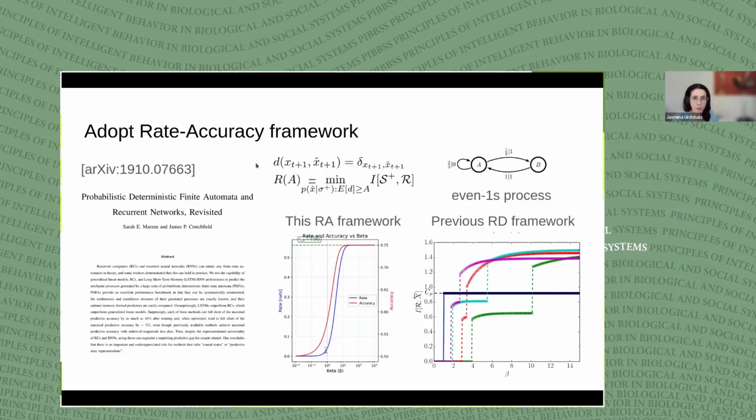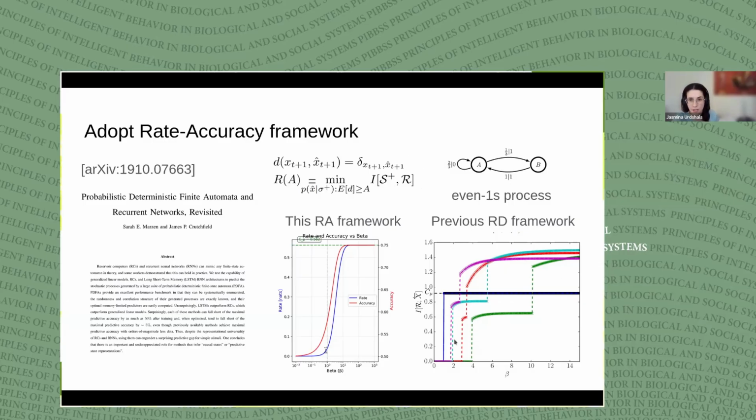The formal equations I've also given here, but the important bit is that now our distortion measure is the predictive accuracy, and the rate would again be given in terms of this mutual information. And I've showcased here, for the case of the even ones process, how predictions from this rate accuracy framework would compare to the previous rate distortion framework that I discussed in the last slide for causal rate distortion.